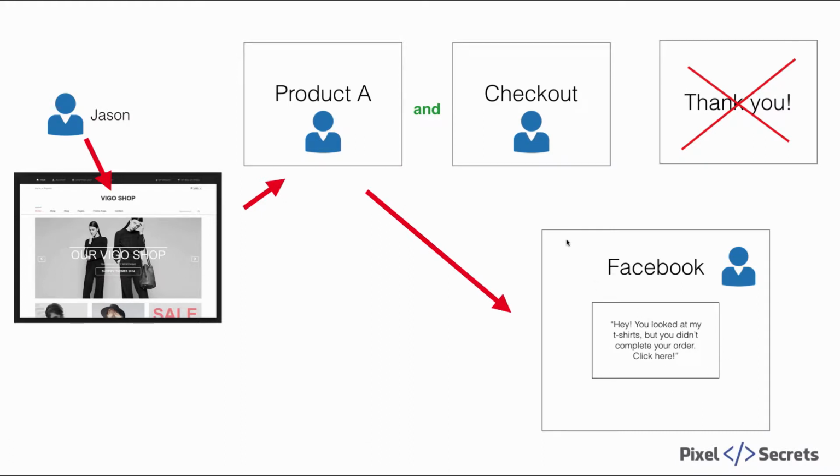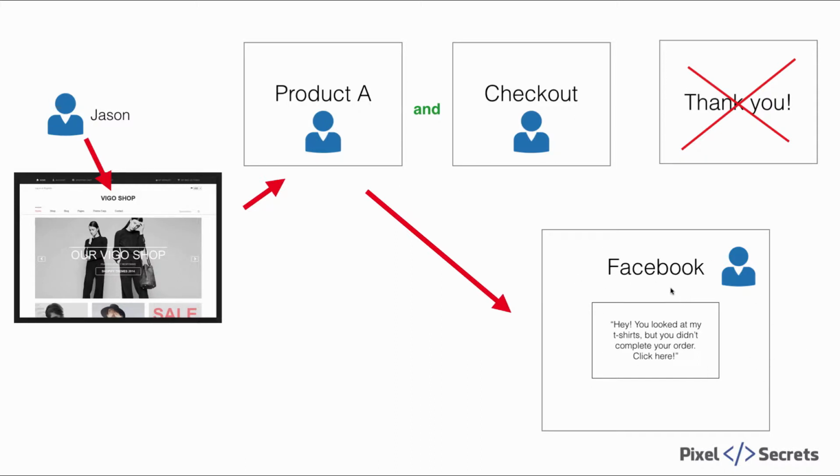But the idea is that when you install the Pixel on your website, Facebook knows where all of their users have been, and you can create different ads to show these people according to what they visited.